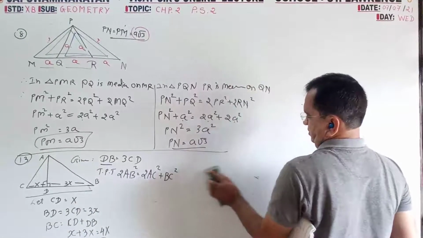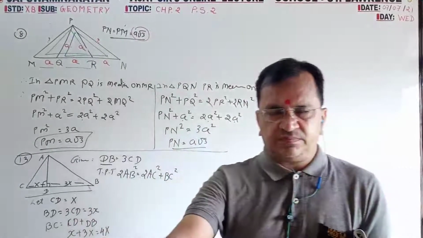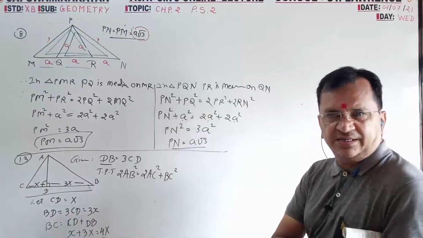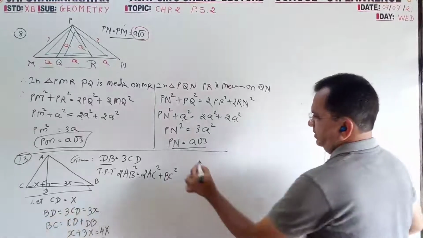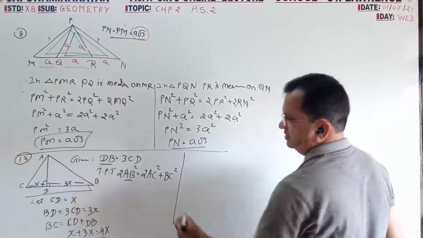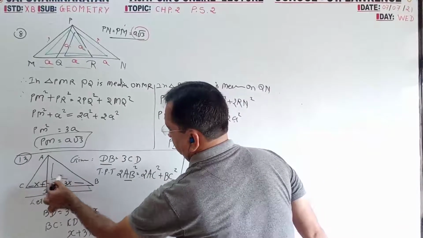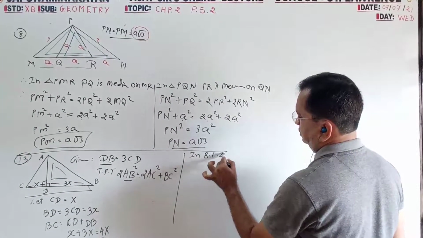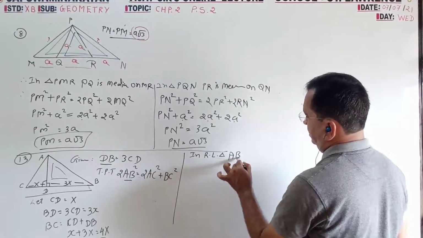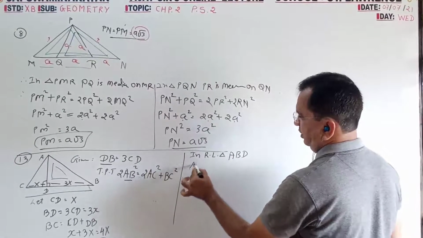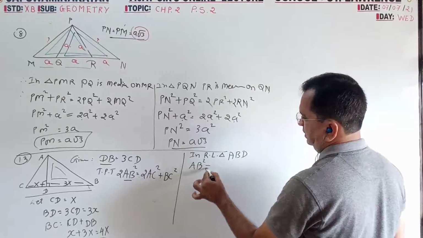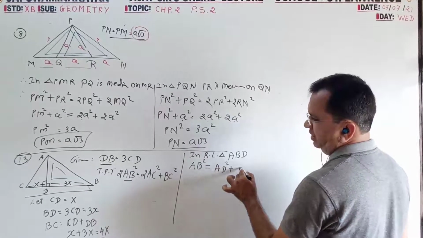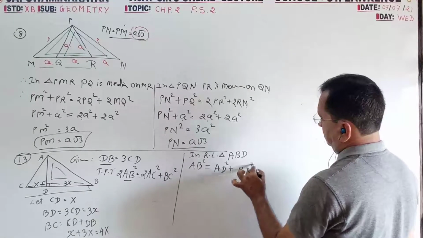Now we will write as per our requirement. Our requirement is AB. So in this right angle triangle ABD, AB square is equal to AD square plus BD square.